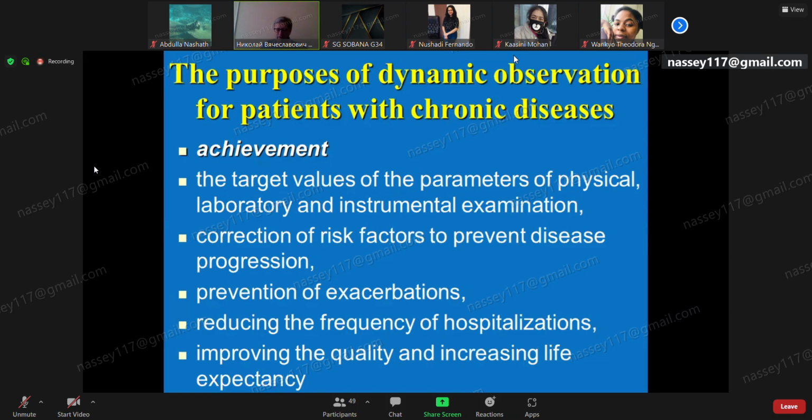For other patients, less than 135 millimeters. Or total cholesterol level. For some categories of patients, less than 5 millimole per liter or 200 milligram per deciliter. But for patients with confirmed ischemic heart disease, it should be less than 4.5 millimole per liter.